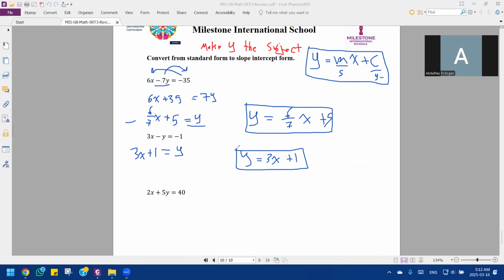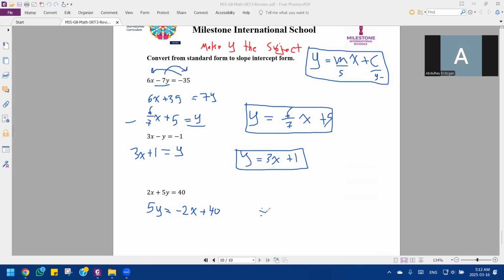Next, 2x plus 5y is 40. Is y positive? Yes. So keep it here and take x to the other side. 5y equals to, let me put x first, minus 2x plus 40. So I keep mx first. Now here is y alone?